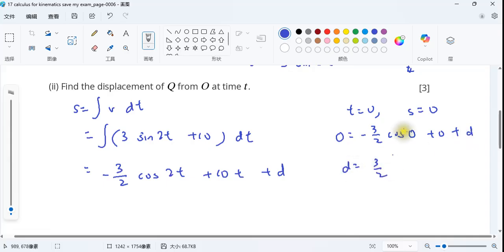Cos 0 is 1, and then move to the other side, d is 3/2. So s will be negative 3/2 cos 2t plus 10t plus 3/2.